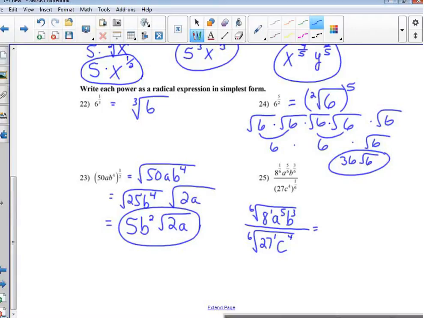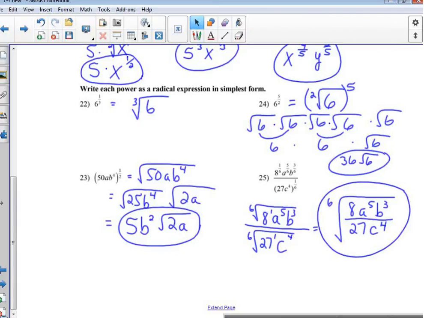So putting it all together, I suppose we could say we have the sixth root of 8, a to the fifth, b to the third, divided by 27c to the fourth. And I do not believe that anything inside there simplifies. Don't worry about rationalizing that denominator. That's a little bit crazy. All right, and that ends that.